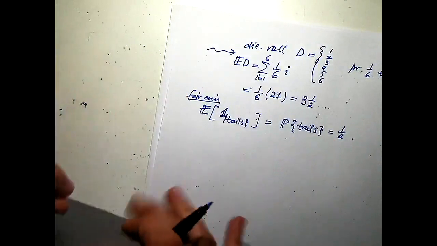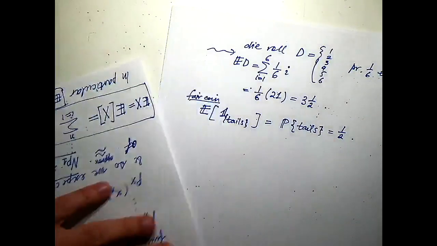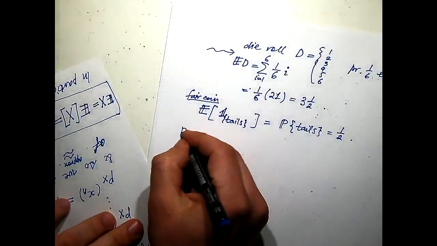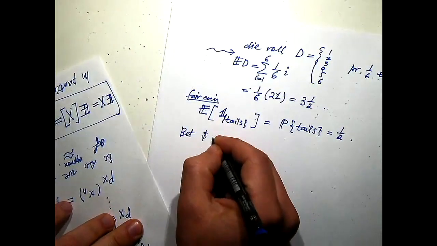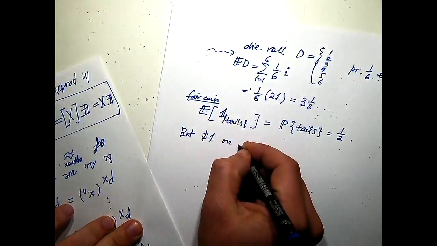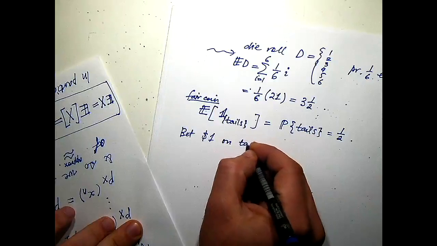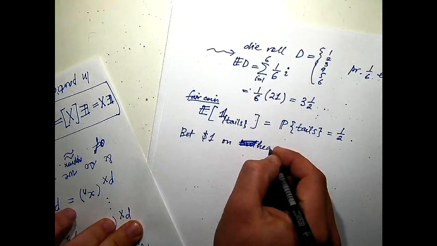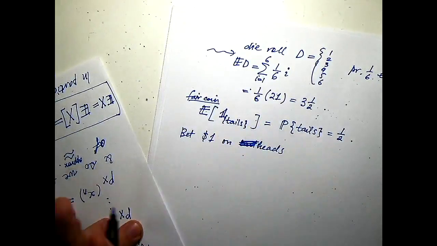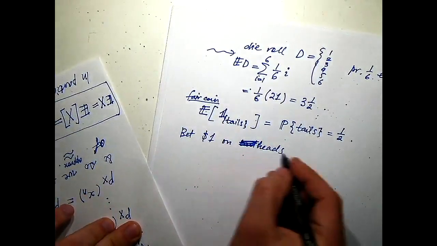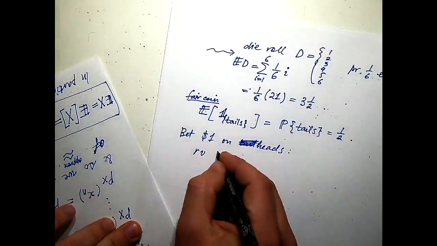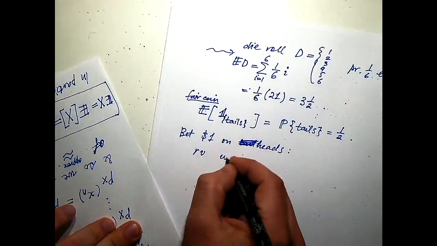Why is that different from that game where I said you expect...? So in terms of the bet, if you bet $1 on heads or on tails, or let's say on heads, it's not the same formula as there, because then you lose the dollar if you lose it. So that is the random variable of winnings.